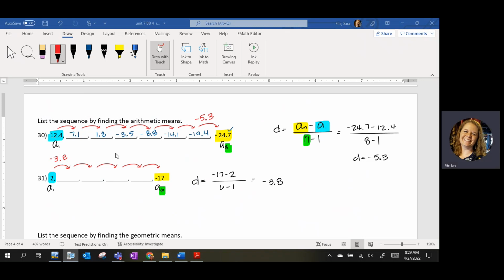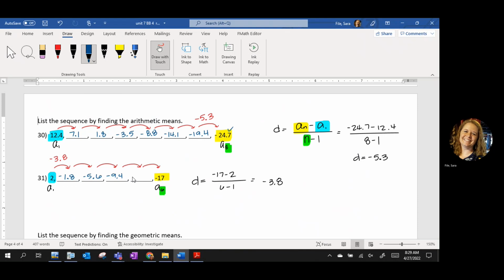So that was a pen up here, blue. Negative 1.8. Negative 5.6. Negative 9.4. And negative 13.2.